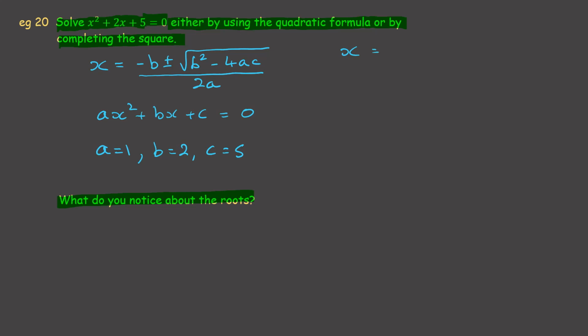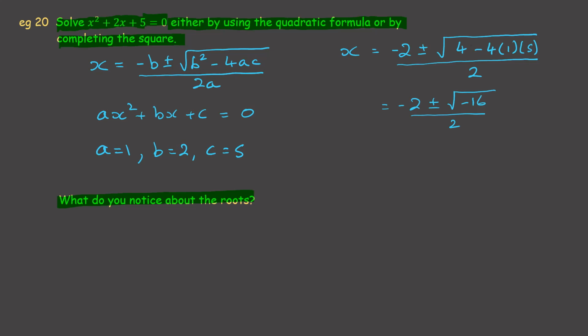Therefore x would be negative 2 plus or minus the square root of 4 take away 4 times 1 times 5, divided by 2 times 1, which is just 2. So that's negative 2 plus or minus the square root of negative 16, divided by 2.